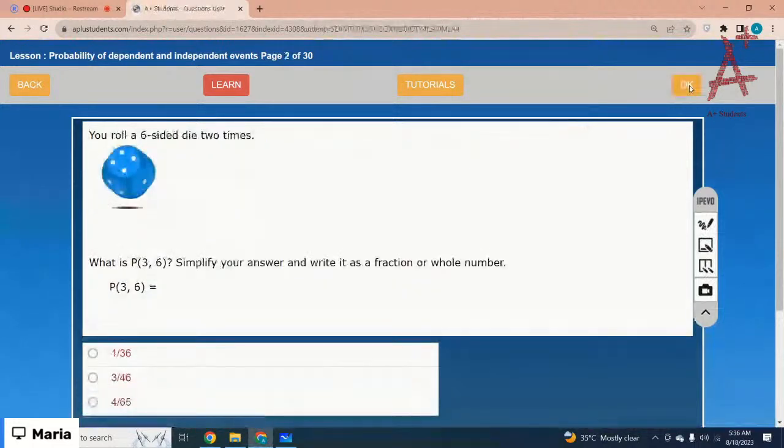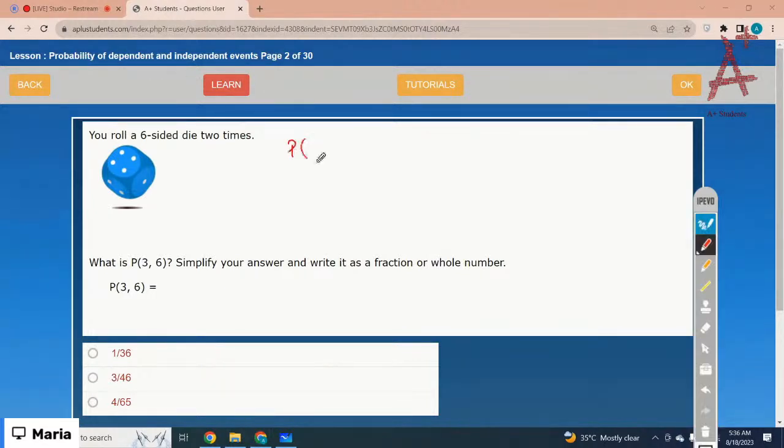You roll a six-sided die 2 times. The probability of 3 is 1 out of 6, right? Because on a die you have 6 options. And the probability of 6 is also 1 over 6.